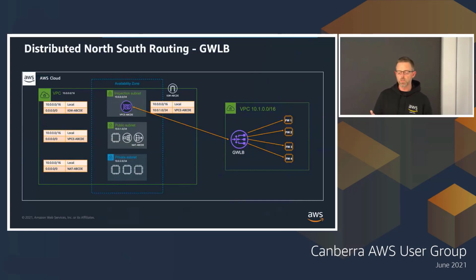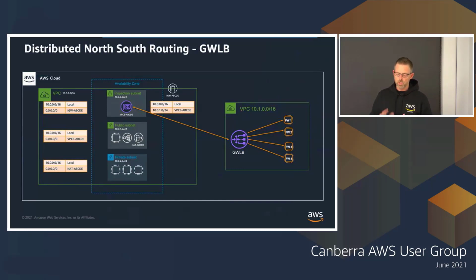In the middle, we've got a public subnet. In that, you would potentially have your front-end instances. In this case, we've also got our NAT gateway. You'd have your load balancers, all of that kind of thing in it. And at the top, we've got an inspection subnet. In this case, literally all that lives in there is the Gateway Load Balancer endpoint.